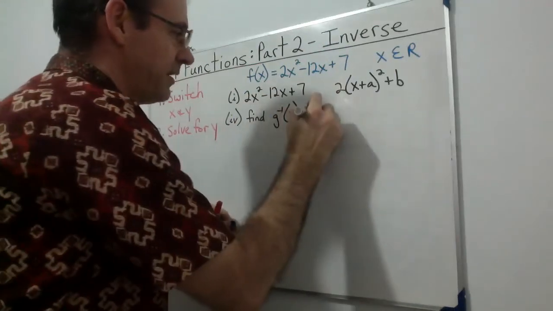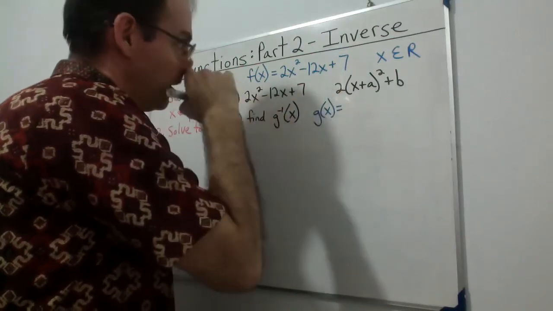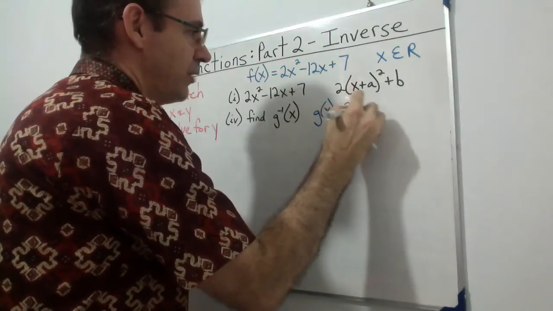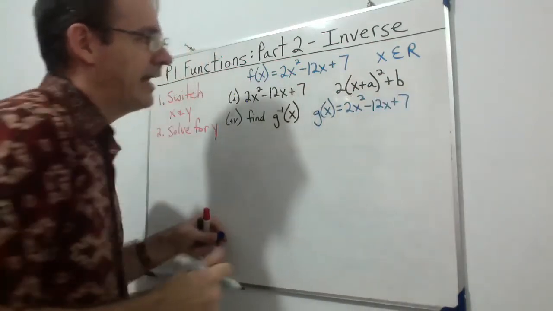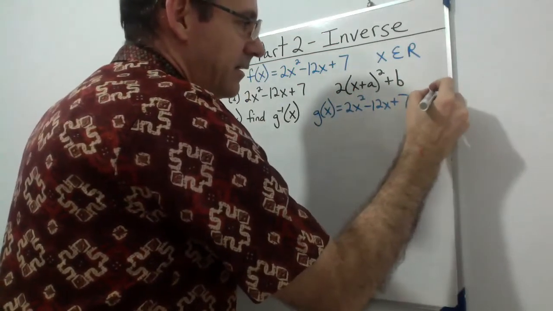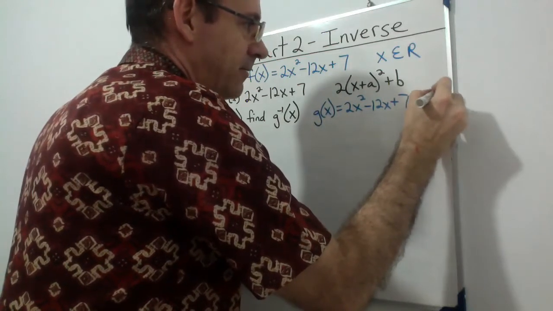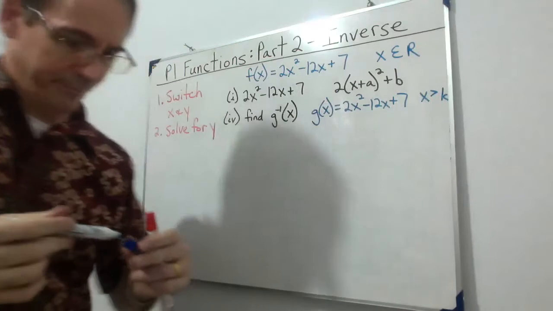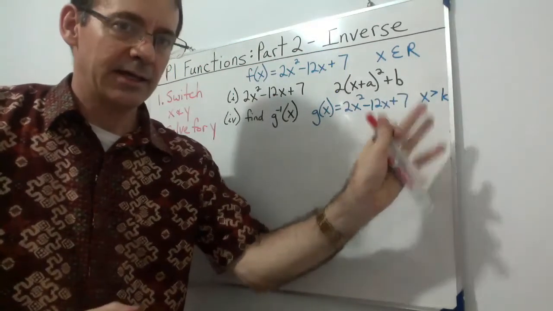So what you end up getting is g of x equals 2x squared minus 12x plus 7. And there's a domain statement here that I'm just going to put k for right now. Like I said, we'll talk about the domain issue in a different video.